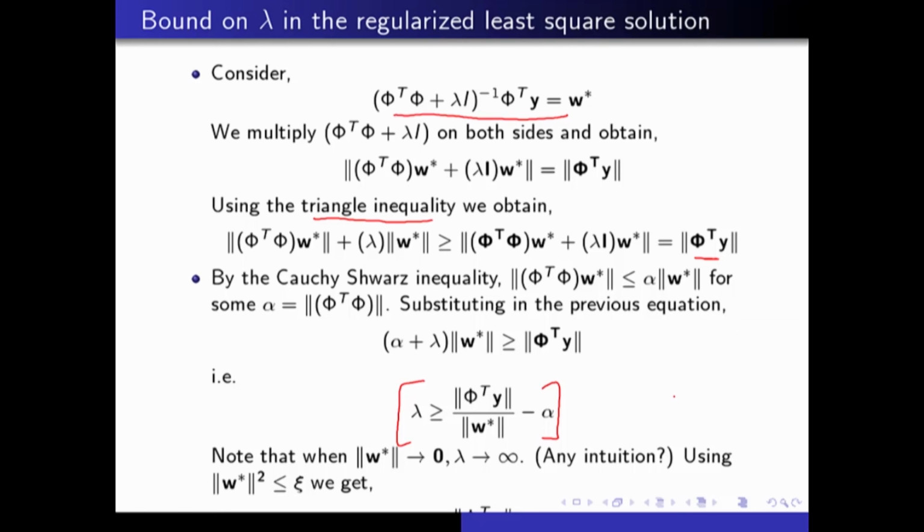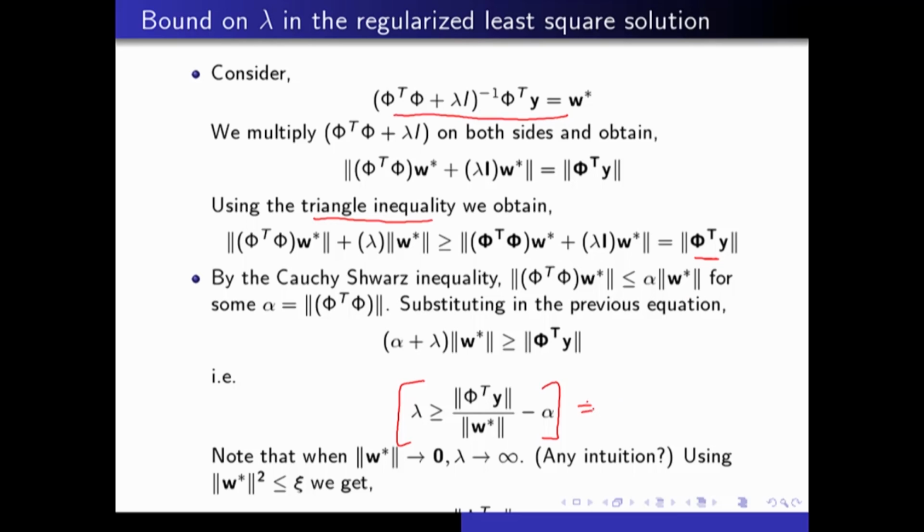So as lambda tends to infinity, the norm of W star will shrink. So using norm W star squared less than or equal to xi, we get the desired correspondence between xi and lambda.